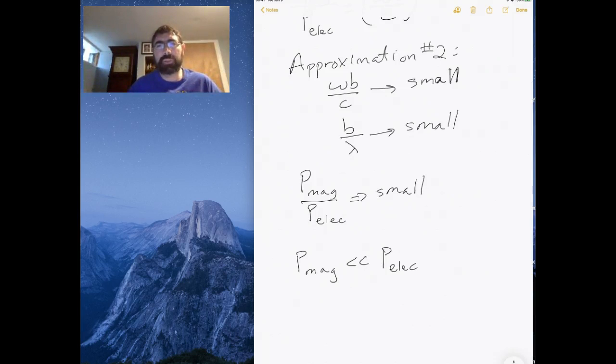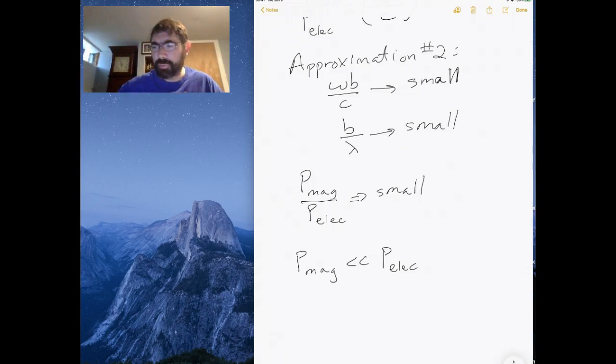If we're using the same amount of charge in the current loop as the charge that we're oscillating in the electric dipole, then you should find that the radiation from a magnetic dipole is much smaller than the radiation from an electric dipole. So electric dipoles are going to produce greater amounts of radiation than their magnetic counterpart.